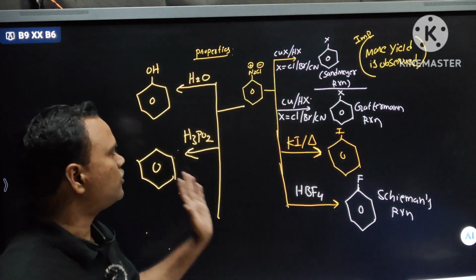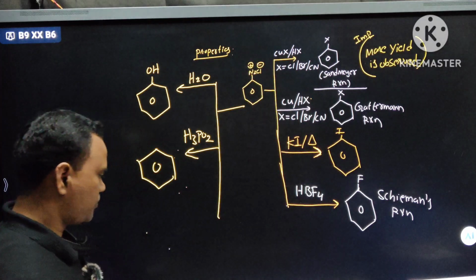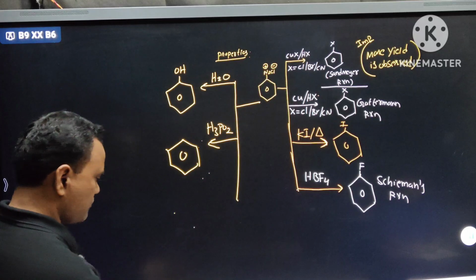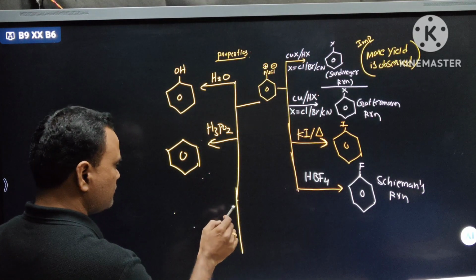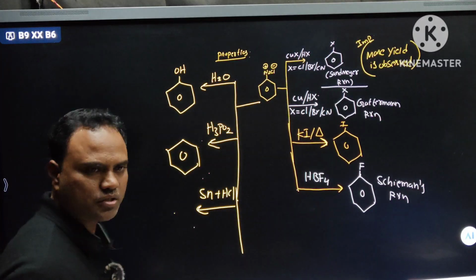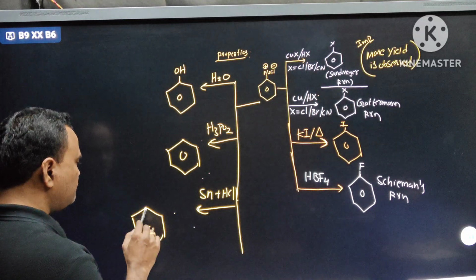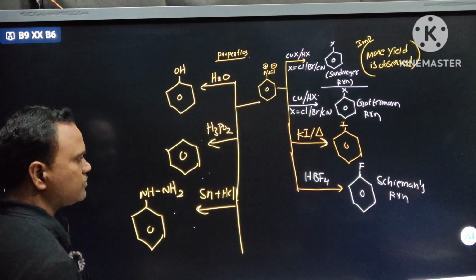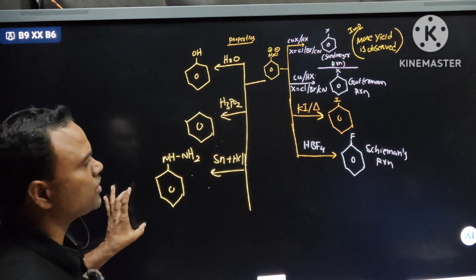Important: phenol preparation and benzene preparation. Sn plus HCl, this is also reduction. Tin plus HCl, we'll get phenyl hydrazine. These are some additional reactions. Okay, along with the regular examples, some additional reactions are given.